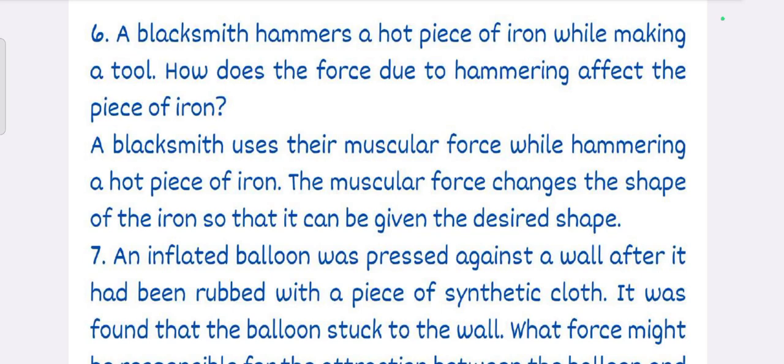How does the force due to hammering affect the piece of iron?